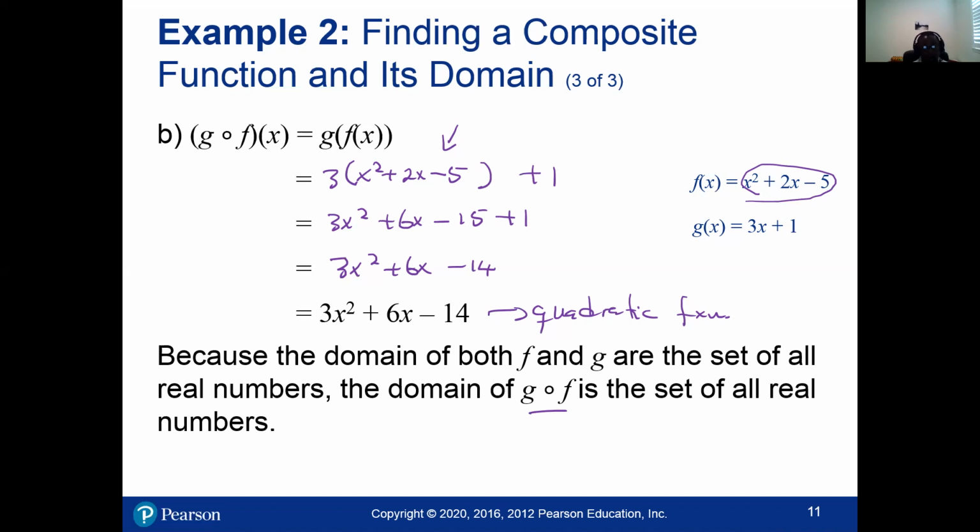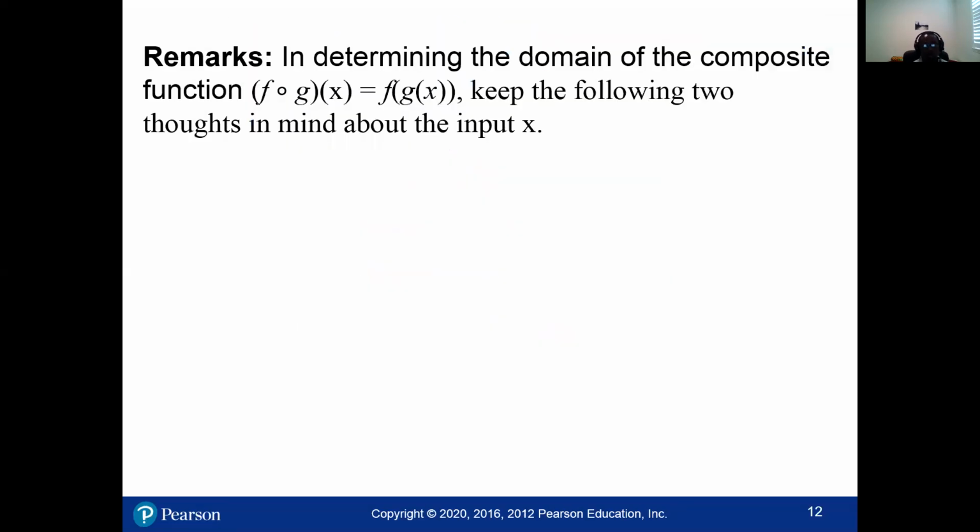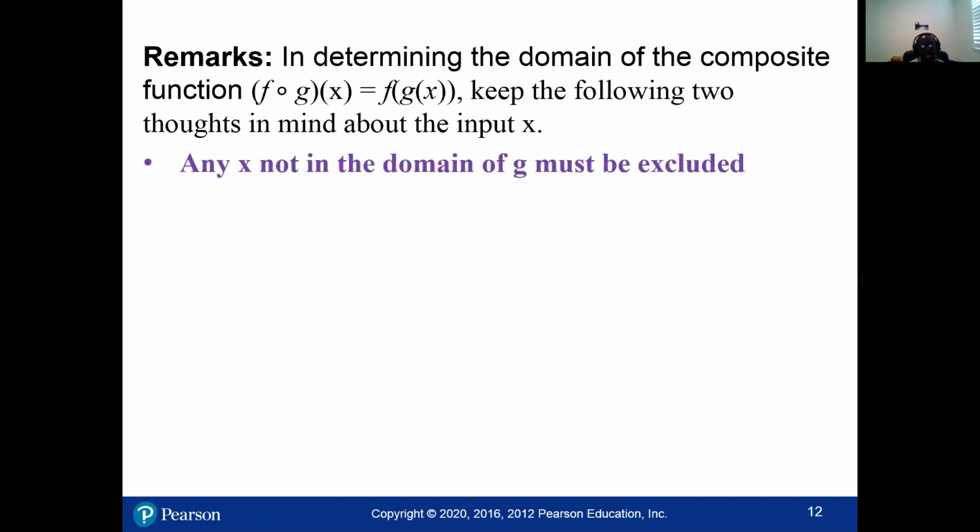But the next example is different. When you have rational functions involved, it's different, so we're going to look at it separately. Here's a remark. In determining the domain of the composite function f of g of x, which is f of g of x, keep the following two thoughts in mind about the input x. First, any x not in the domain of g must be excluded.